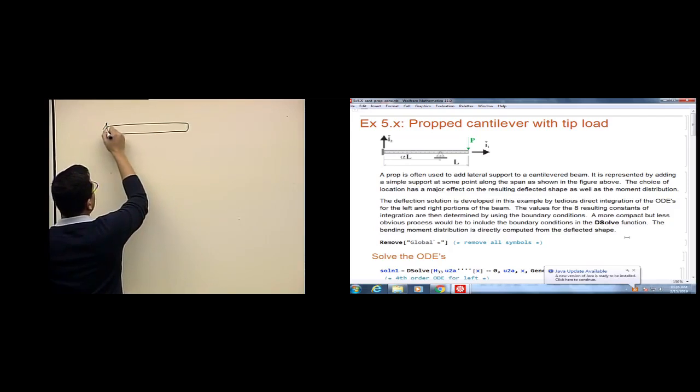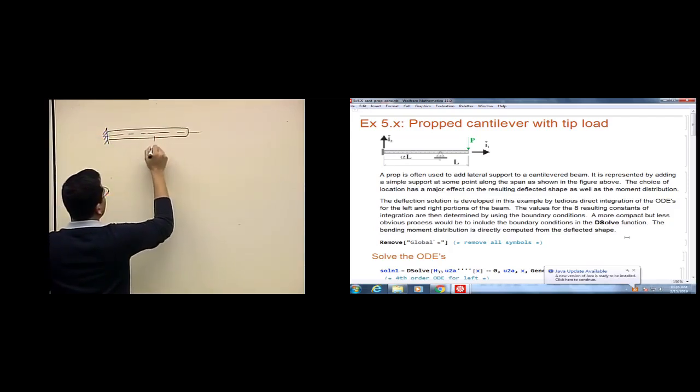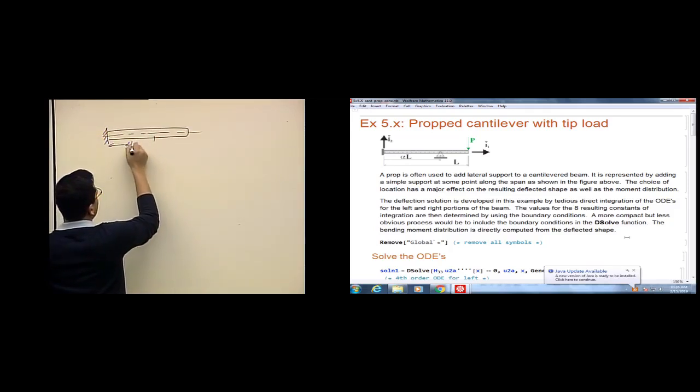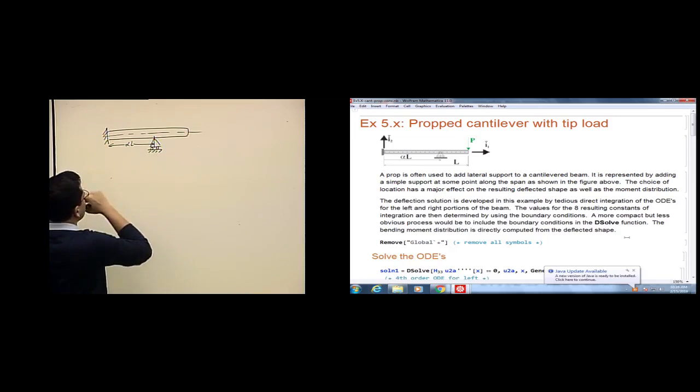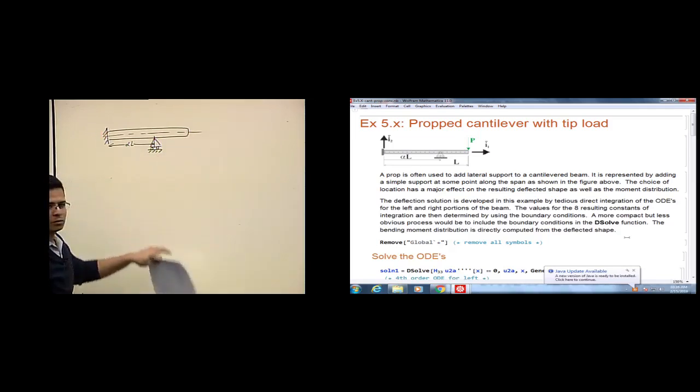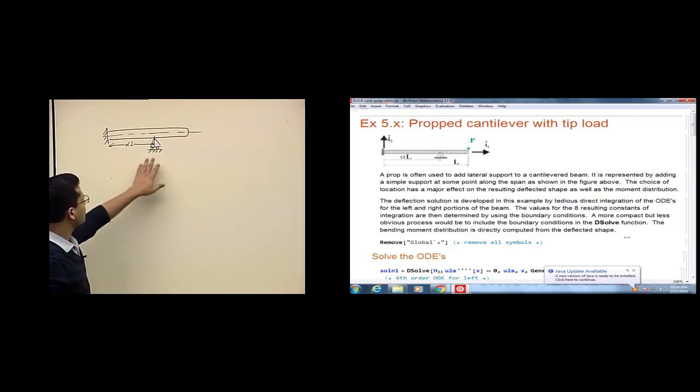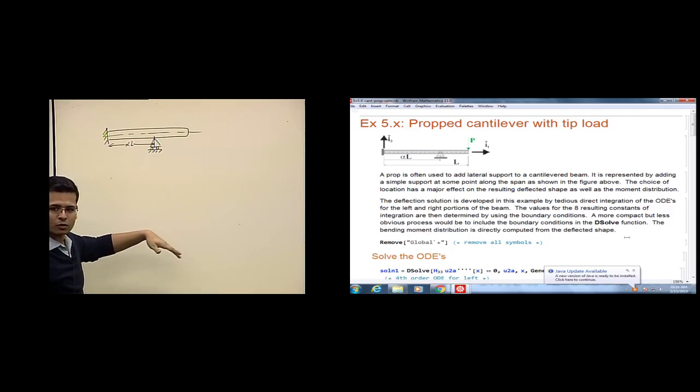So we have a beam, and at alpha L there is a support. We'll break this problem in two parts because there is a discontinuity at that location, and we cannot do the Taylor series expansion which we did for writing the governing differential equations.